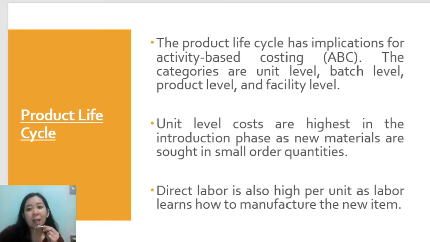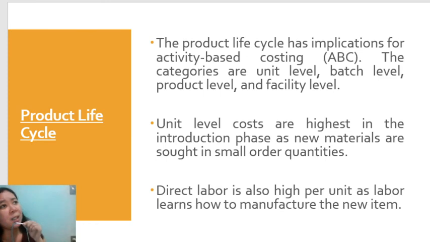So the product life cycle has implications for ABC or activity based costing. So here, under the ABC costing, we have the unit level, batch level, product level, and facility level. So here, when we say unit level cost, these are highest in the introduction phase because new materials are sought in small order quantities.